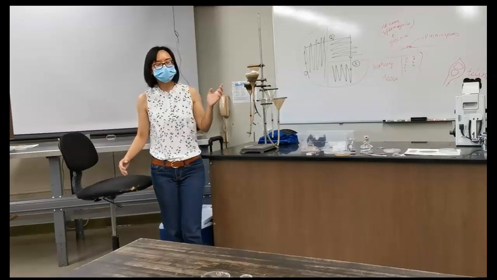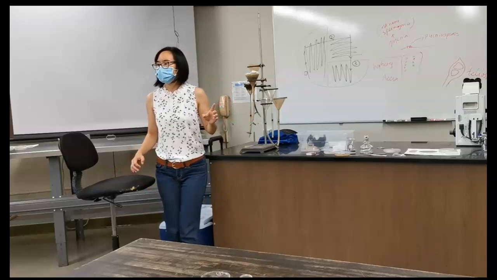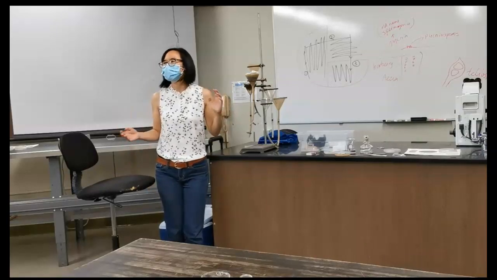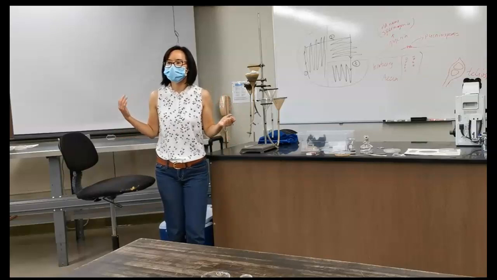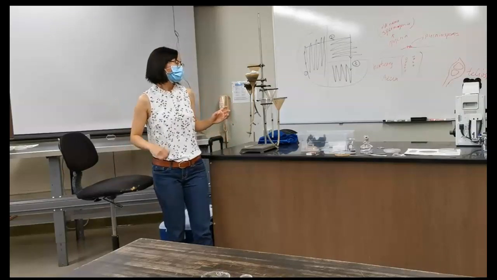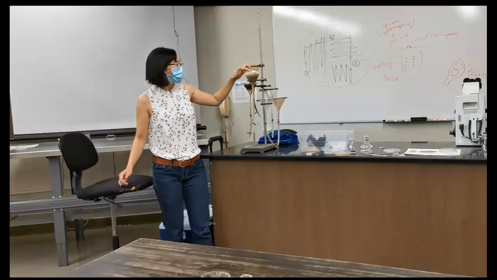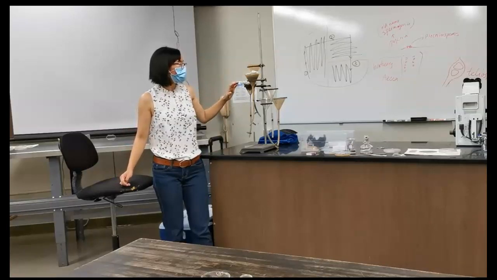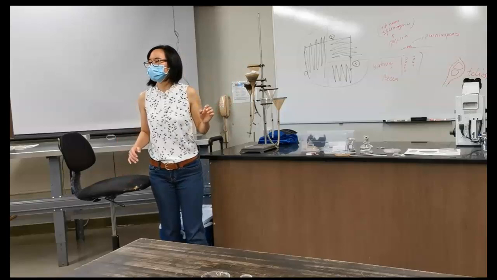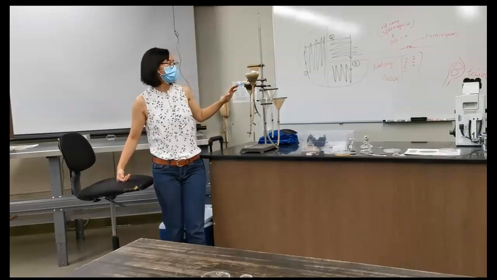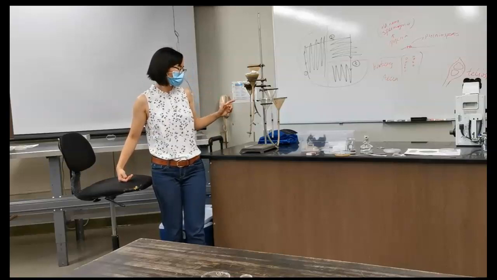And the soil is actually from a vineyard. It's sandy soil. Usually sandy soil, by experience, I can get more nematode from sandy soil. And then put water in it, submerge the soil in the water, and incubate for 24 to 48 hours. It has been incubated for 48 hours.